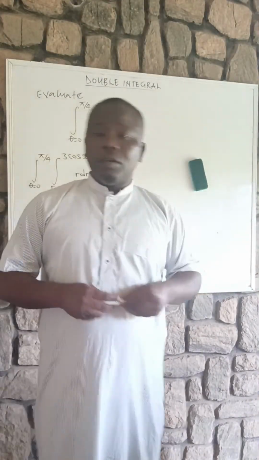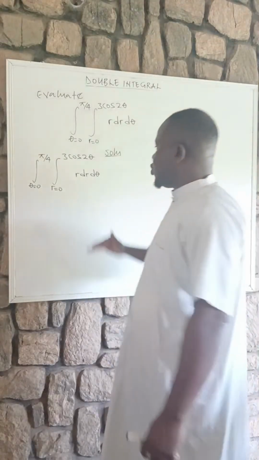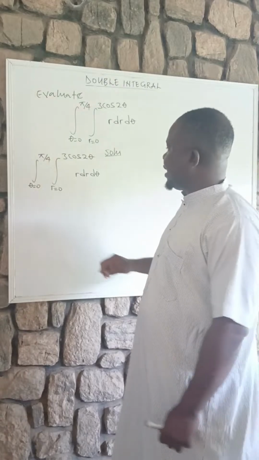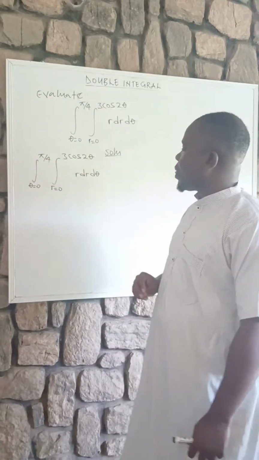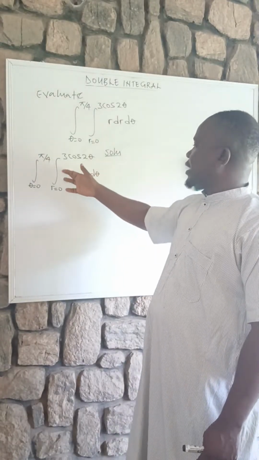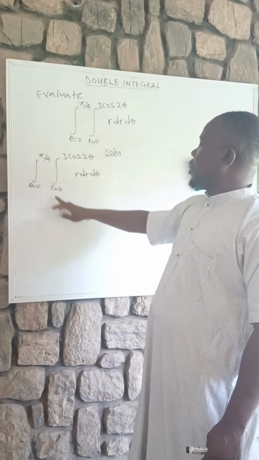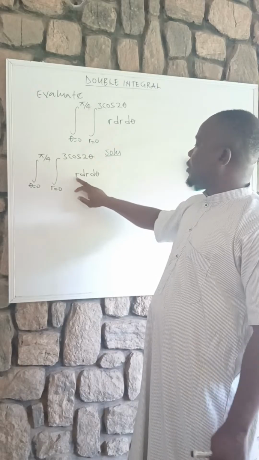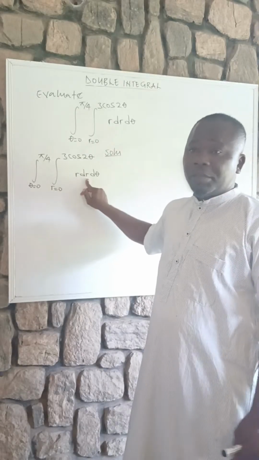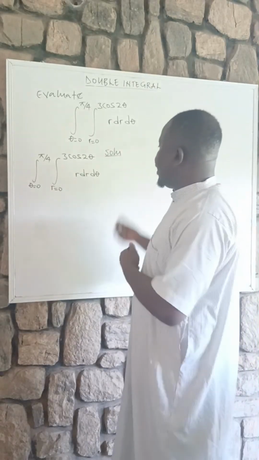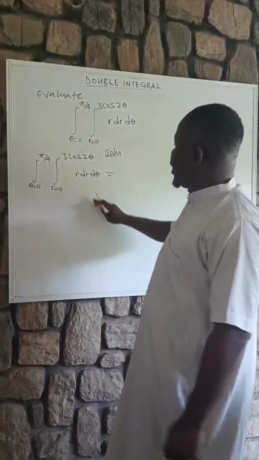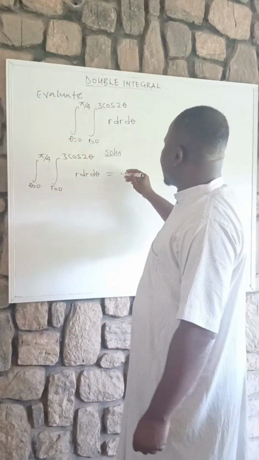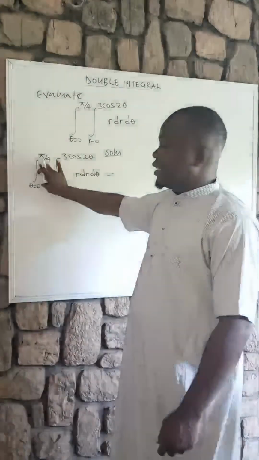When you come across double integrals of this form, the first thing you should consider is to first integrate the inner integral, which has to do with r dr. If we integrate r dr, this outer integral will remain constant.